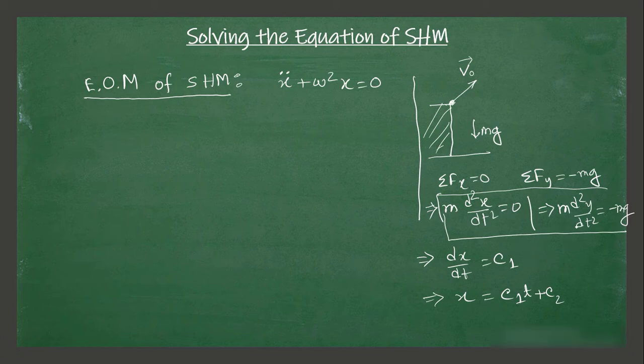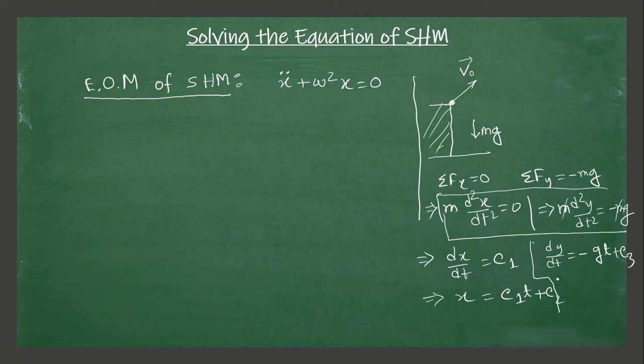So now similarly we can find the solutions of the equation on the right. Here you can see the mass cancels out, so let's take the integral. We get dy over dt equal to minus g times the time t plus a constant of integration.